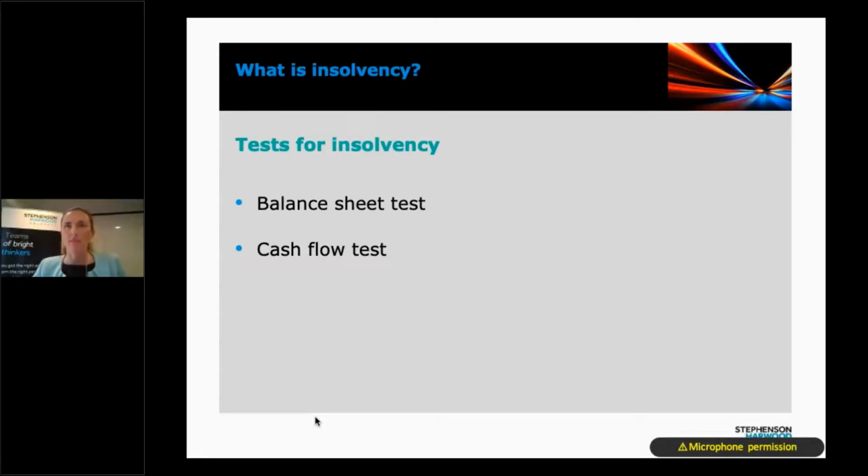A very common way to do this is for a creditor to issue a company with a statutory demand. If there's no payment of that statutory demand within 21 days, then the court presumes that the company is unable to pay its debts.